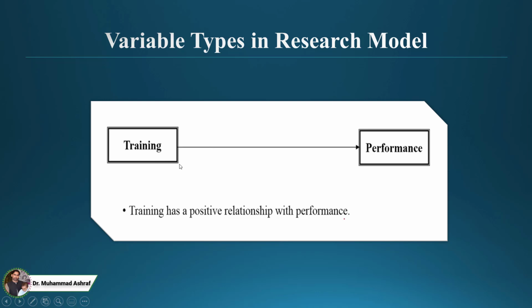In order to identify which variable is dependent and which is independent in a research model, we can use the arrow. The head of the arrow represents the dependent variable and the tail of the arrow represents the independent variable. So here the training is the independent variable and the performance is the dependent variable.